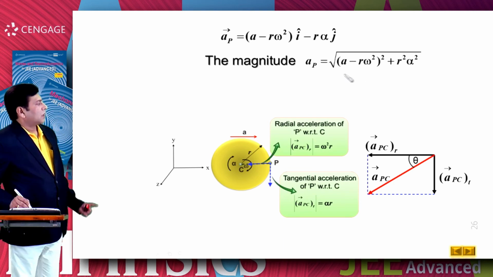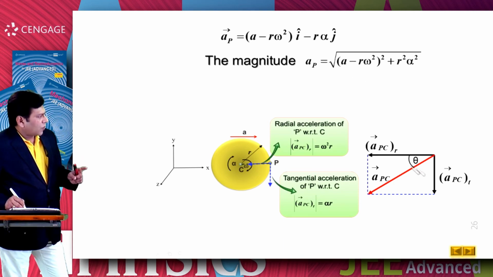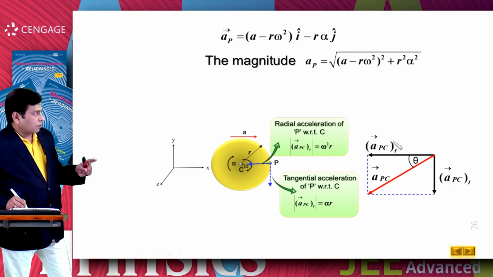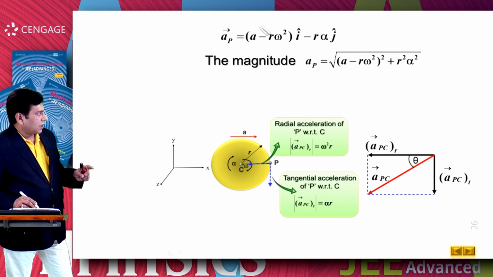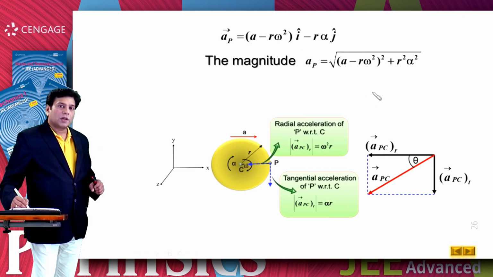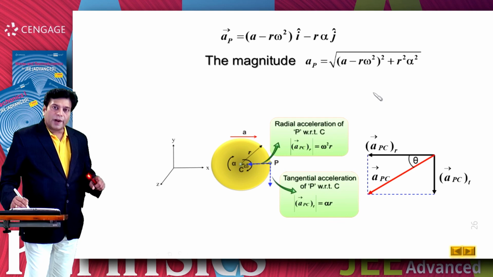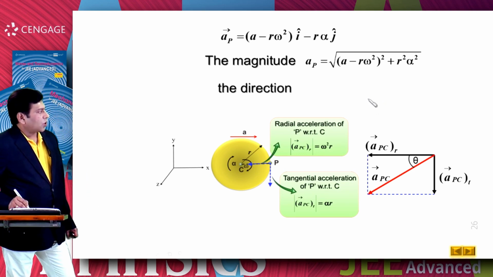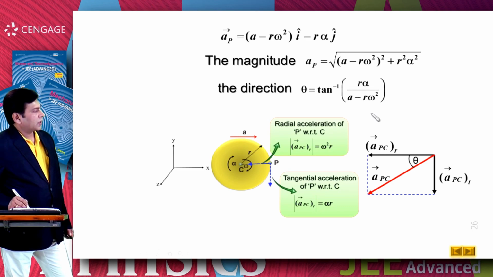This is the magnitude, and for getting the direction you can follow this diagram. Tan theta can be written as this component divided by this component. So theta equal to tan inverse of this component divided by this component. This component of net acceleration is A minus omega square r. So theta equal to tan inverse of r alpha divided by A minus r omega square. This is the direction of net acceleration, correct?